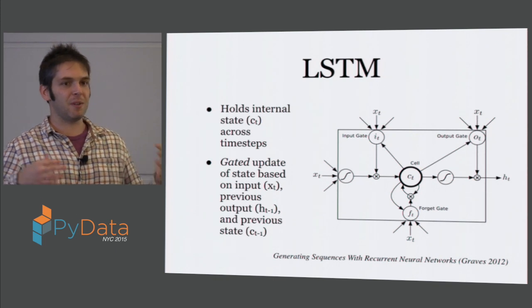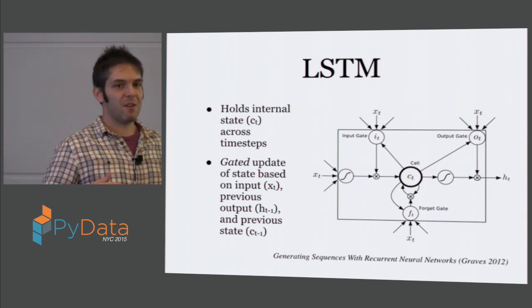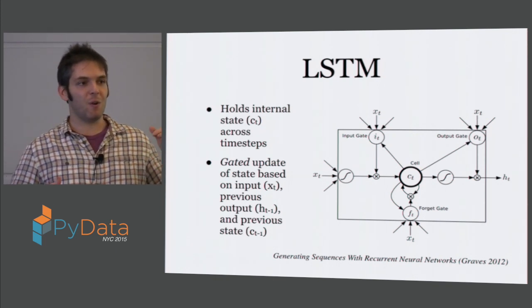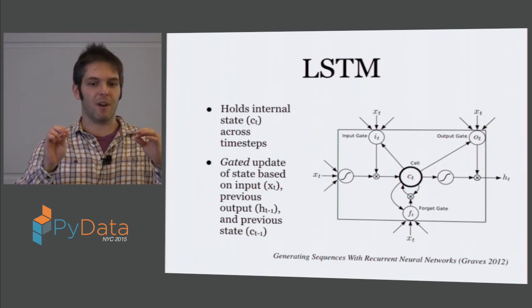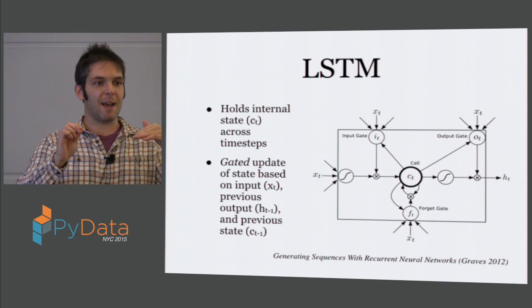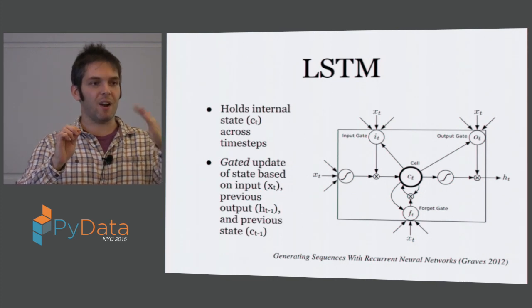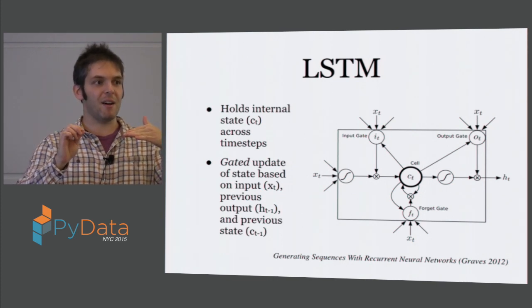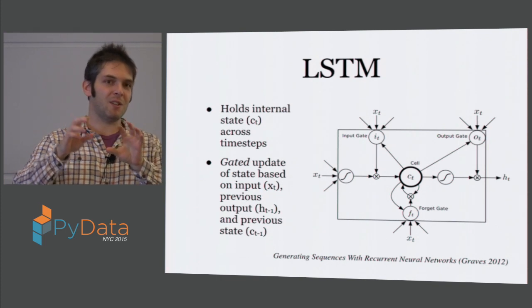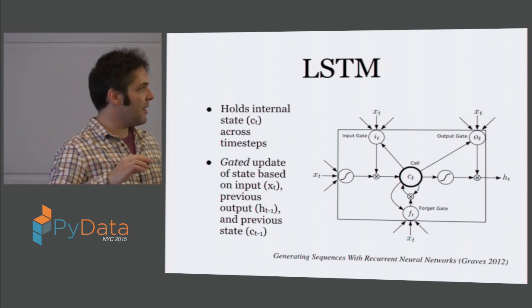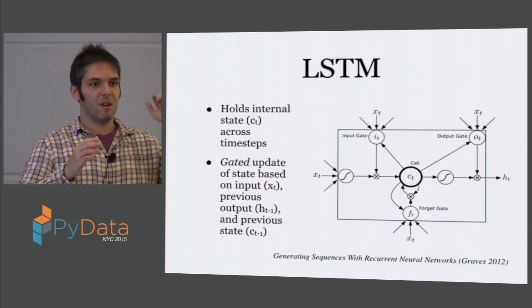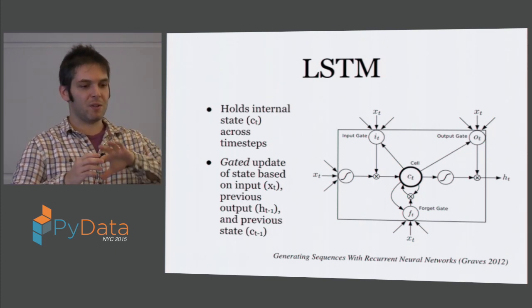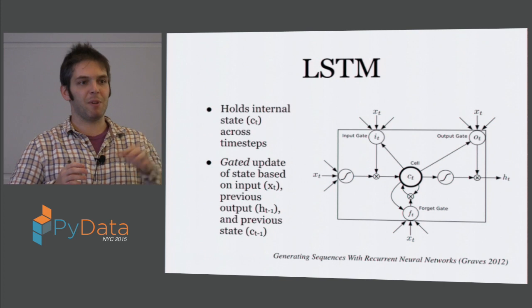What is cool about the LSTM, and there are other neural networks that have come since then that exploit the same key feature, is they have a notion of gating. The propagation of state from one step to another is adaptively gated. It can turn on and off depending on the current state and the current input. In a simple RNN, you have just the same mapping applied over and over again.